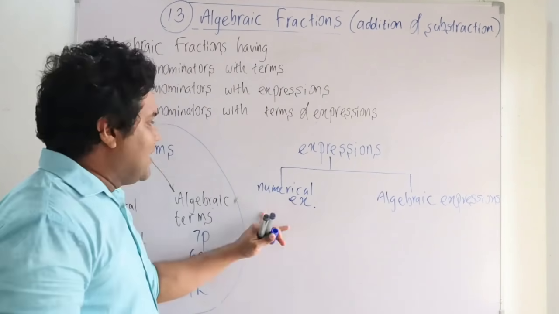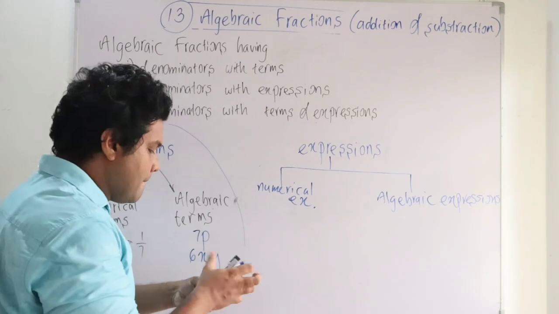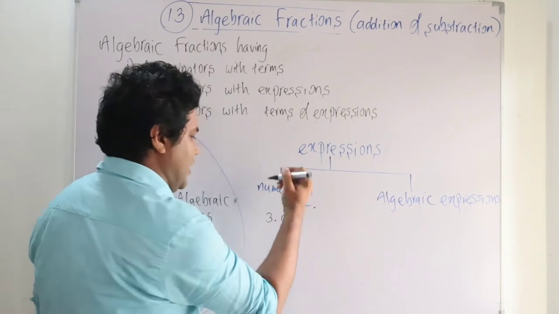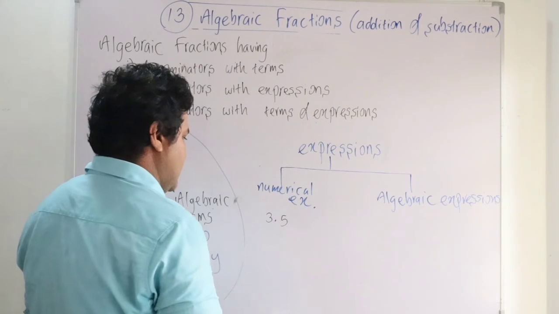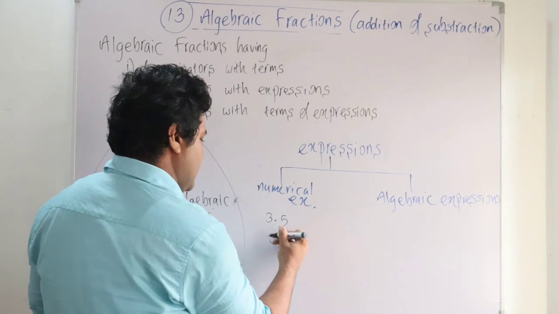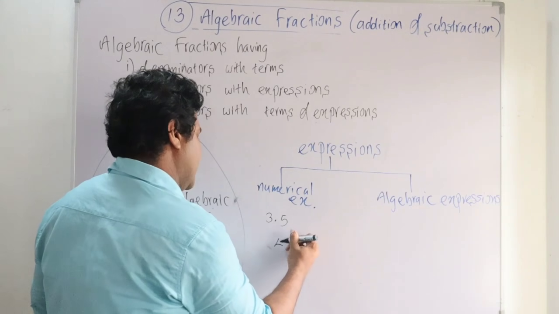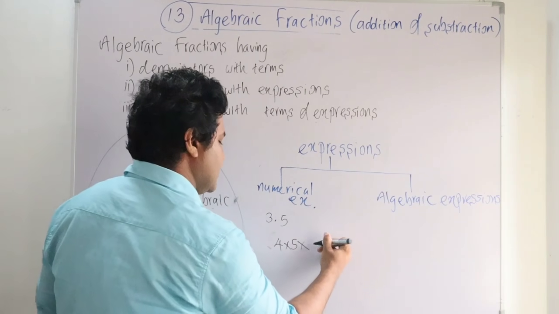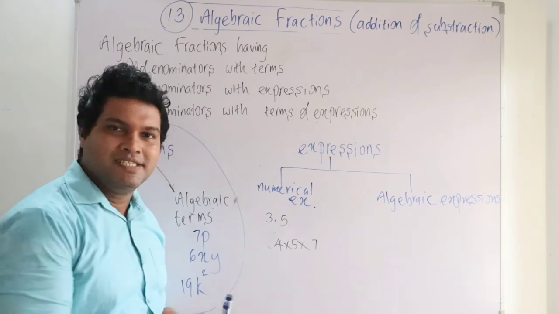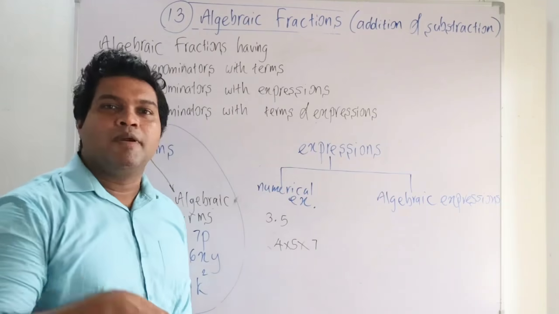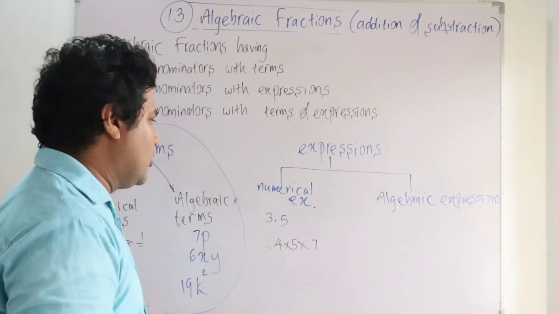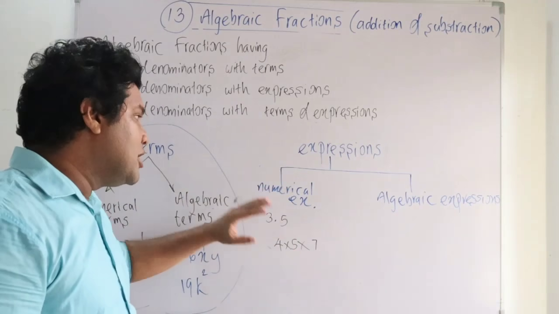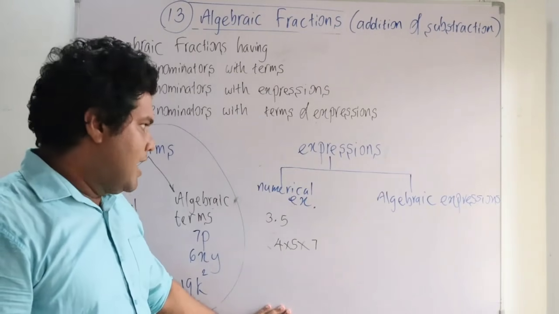Numerical expressions, we can write 3 into 5 like this, or 4 times 5 times 7. These are numerical expressions. A lot of times for algebraic fractions or any other fractions, we don't keep the numerical expressions in this form, but we can introduce them like this and many more.